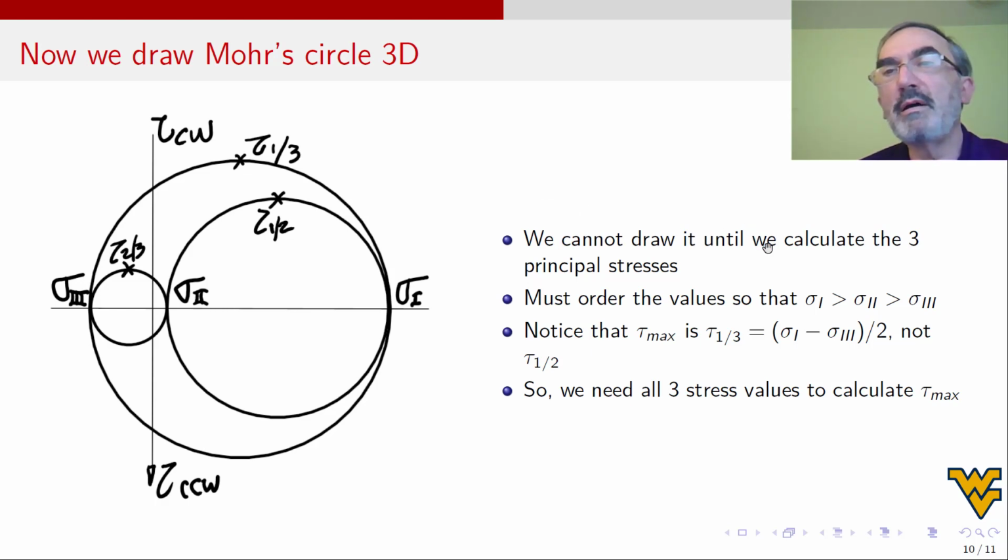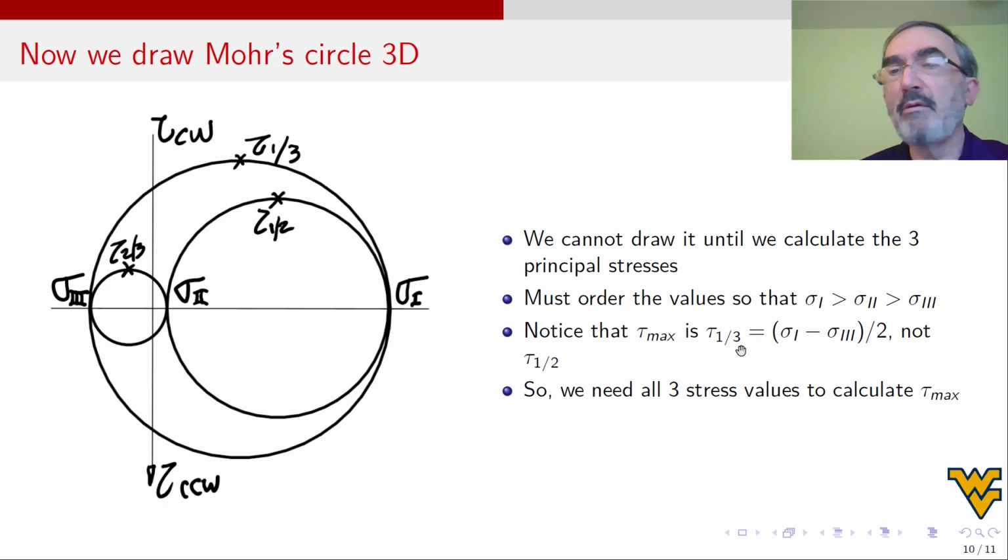So we cannot draw the Mohr circle until we calculate the 3 principal stresses, and we do that with software. We have to order them so that the largest is 1, then 2, and 3. That is because later there are equations, derived in chapter 5, that assume that these numbers are ordered.